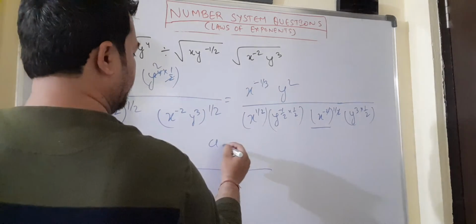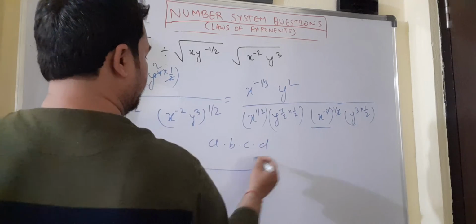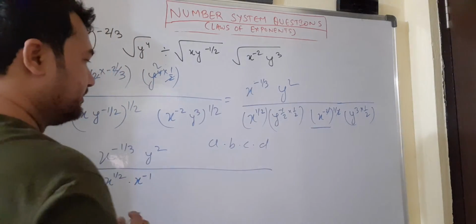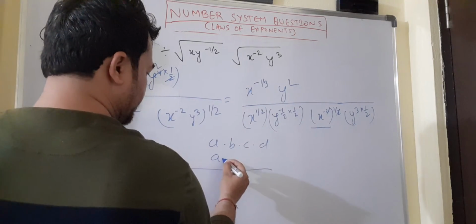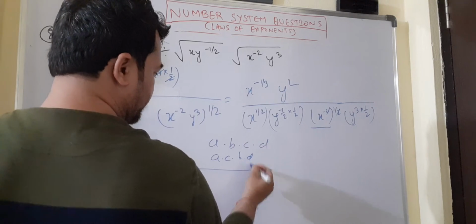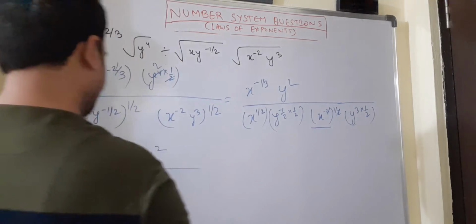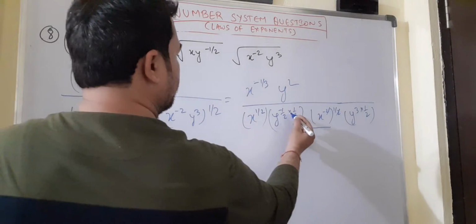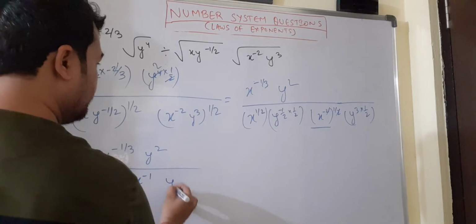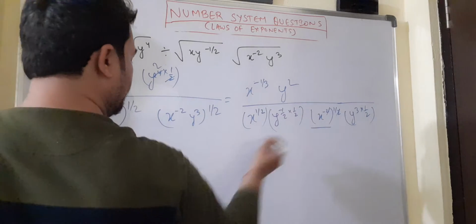Let's make x together. This is x to the power minus 1. We have a into b into c into d, all are multiplying with each other. So you can put a c together and b d together. This is not going to affect. This is y to the power minus 1 by 4.